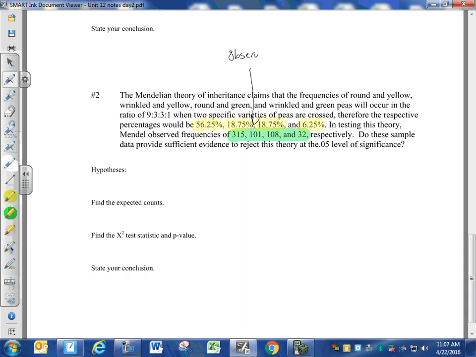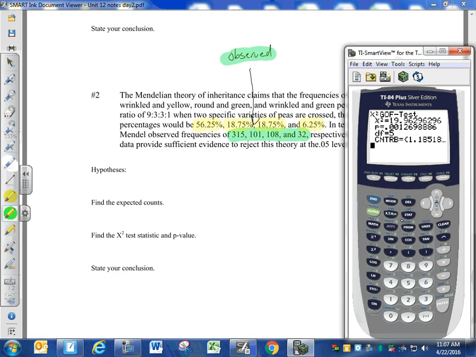The green, right? Observed counts. No, I'm just putting the observed in right now into L1. We have not talked about our expected values yet. So don't put the percentages into L2 because we haven't talked about that yet.